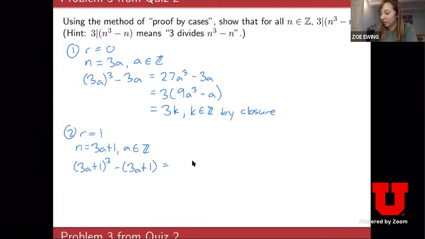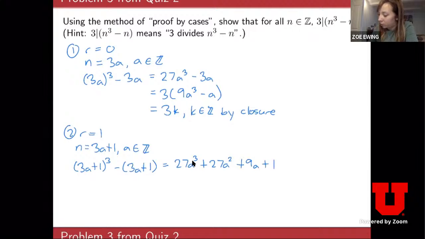All right, so n cubed is going to be 27a cubed plus 27a squared plus 9a plus 1. That is this section.